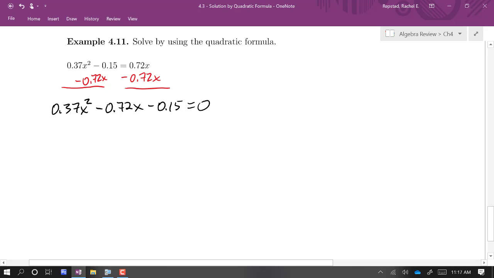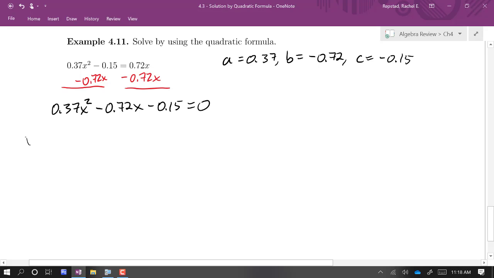We're not going to get nice exact radicals with integers inside. So when we set this up and execute the quadratic formula, I'm going to get an approximate value for x for our two solutions. In this case, a is equal to 0.37, b is equal to negative 0.72, and c is equal to negative 0.15.